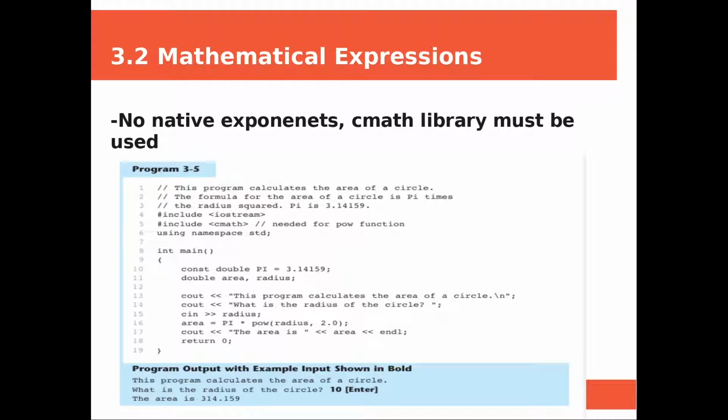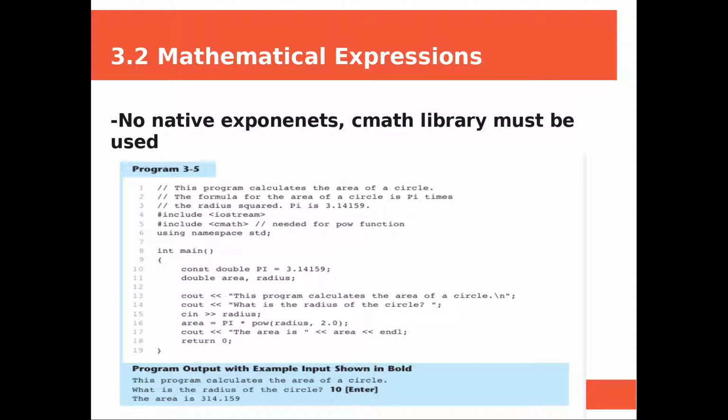Like, let's say you want to get pi squared, you could just do pi times pi. That could work. And later on, when we get to functions, we will know how to make our own, or we will know how to do it with loops. You don't have to use cmath, you can make your own solutions.